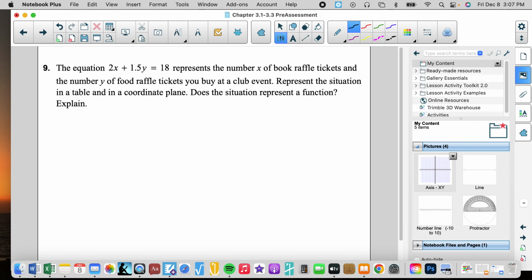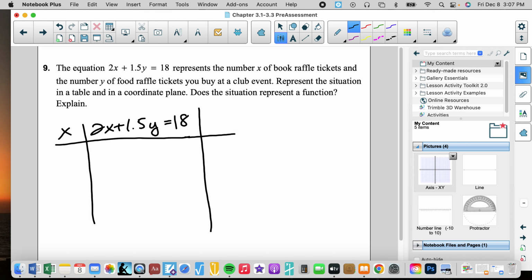Okay, so there's a couple things that I can do. If I want to do the situation in a table, this is the fun part. I'm still going to look at x as my input. I can still leave it in what is called standard form, when the x and y are on the left side and the constant is on the right side. We can still get a point.